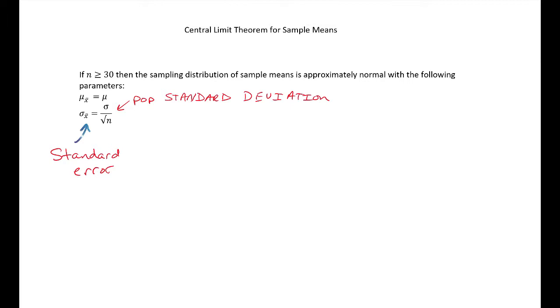So if our sample size is at least 30, then we can say that the sampling distribution is normal.